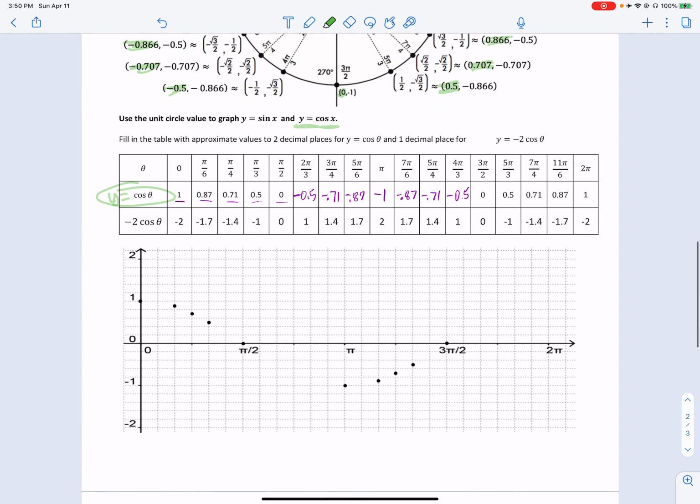So if we use these points and start plotting, I already plotted the first one. You start up at 1. Remember, this is 0.2, 0.4, 0.6, 0.8. You're at negative 0.2, negative 0.4, negative 0.6, and negative 0.8.